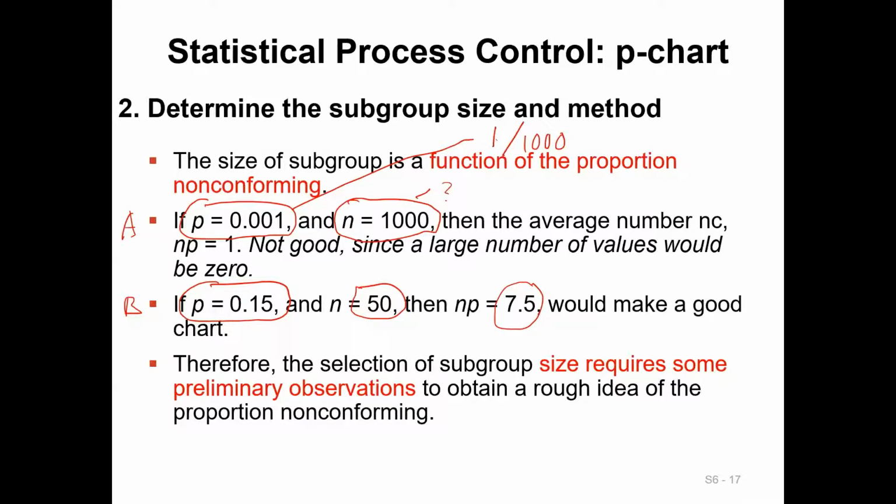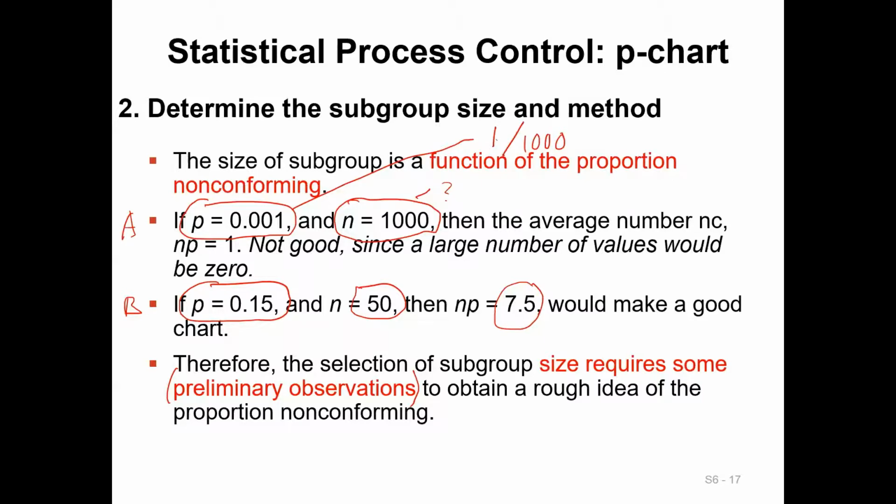All right. So it's not a very easy process. Defining the sampling size is not very straightforward. It needs some preliminary observation, and then you have to improve from time to time. This is the only step that makes the P chart quite different from the X bar R chart and NP chart. You see? So this is the one.